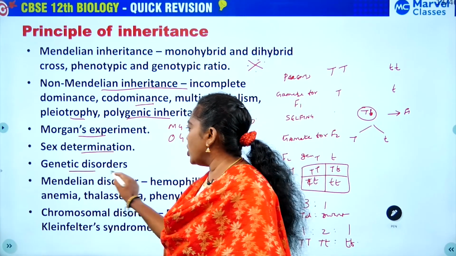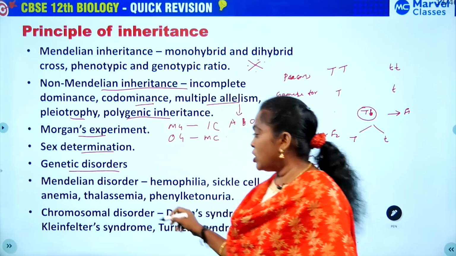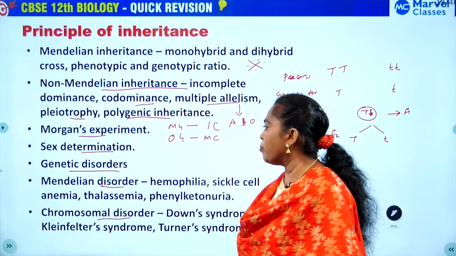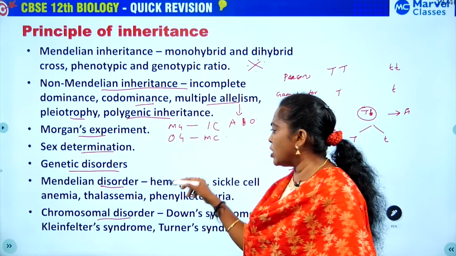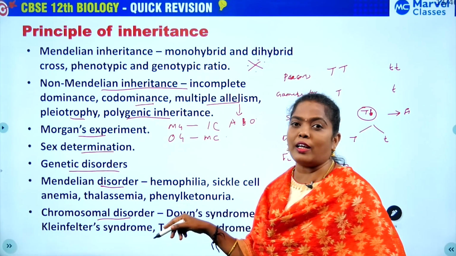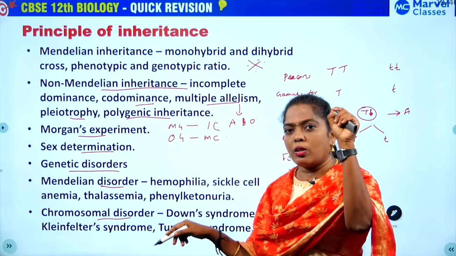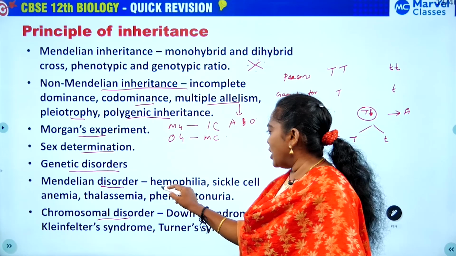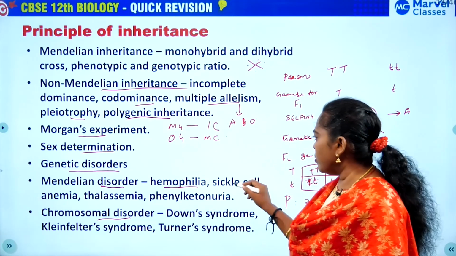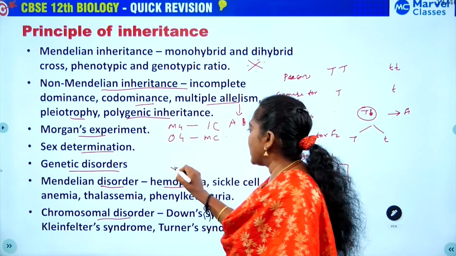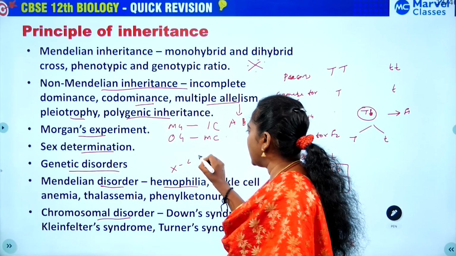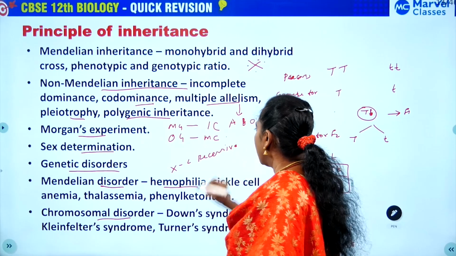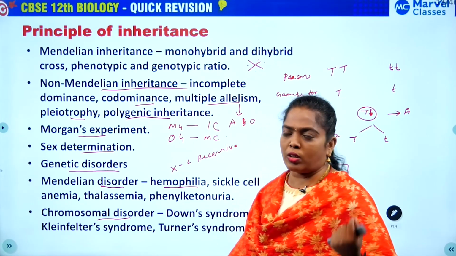Then go for genetic disorders. The disorders you can divide into Mendelian disorders and chromosomal disorders. Mendelian disorders are the disorders which obey Mendel's laws, and occur in a part of a chromosome. So here you can see hemophilia. Hemophilia is an X-linked recessive disease, bleeder's disease, it won't clot.